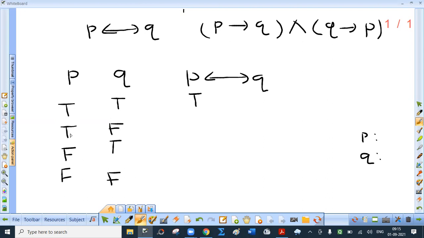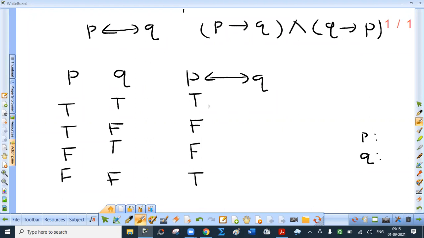Meaning the triangle is equilateral, but each angle is not of measure 60 degrees. Is it possible? No, so false. Now, the triangle is not equilateral, but each angle is of measure 60 degrees. Absurd. False. The triangle is not equilateral and the triangle is not equiangular. All sides are not equal and all angles are not equal. True. So how to remember this table?